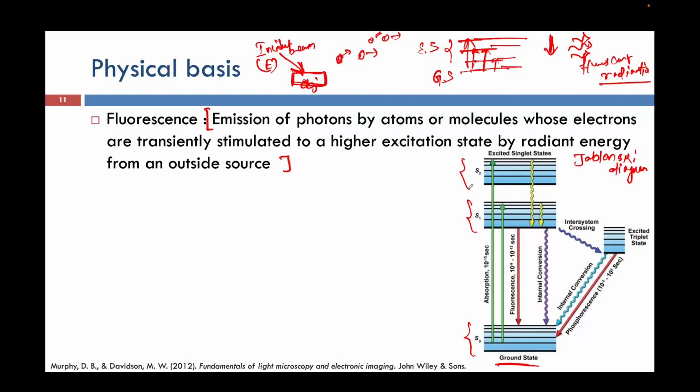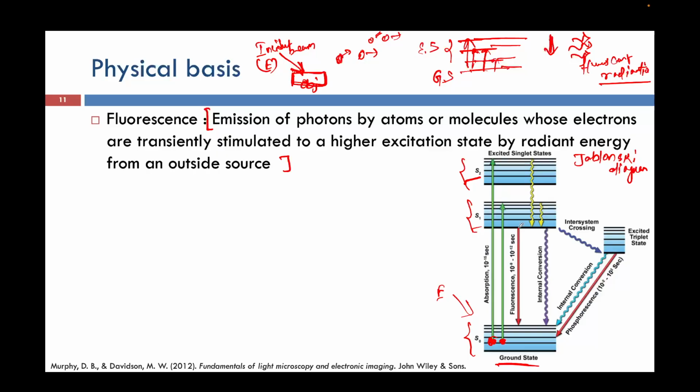So what are the roles of the ground state and excited state here? Let's say energy is coming in the incident beam, and it gives energy to a few electrons which are present here. These electrons now have sufficient energy to cross this barrier and go out of the ground state, and they went to some S1 and S2 excited states, but they cannot stay there for far too long. So what will they do?